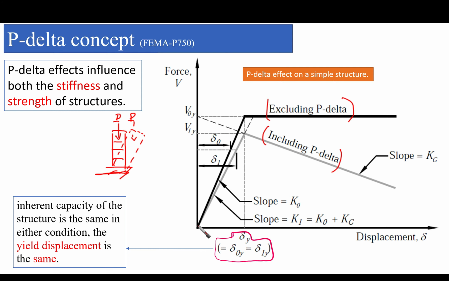First of all, this initial stiffness, as you know, in the beginning of this series I have spent time on the initial stiffness and the different types of stiffnesses of structures. So the first part of this pushover curve, of the dark pushover curve, we call initial stiffness.